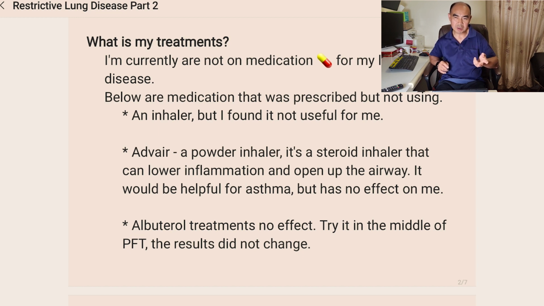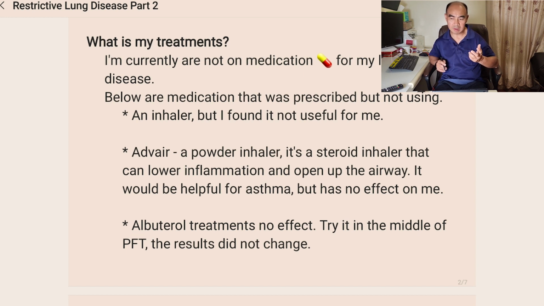An inhaler, a binaural inhaler, is more for emergency purposes, when people who have asthma suddenly can't breathe and need the inhaler to help open up the airway. I have an inhaler, I use it, and there's no effect on me.